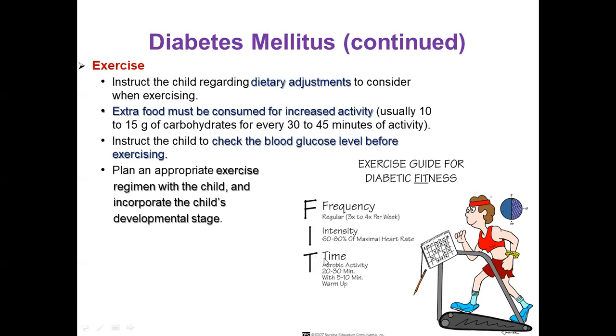So tell your patient to do some aerobic activities, even walking, but it should be 20 to 30 minutes, right? Intensity 60 to 80% maximum heart rate, and frequency at least 3 to 4 times per week.